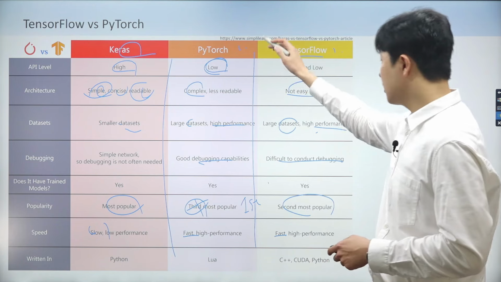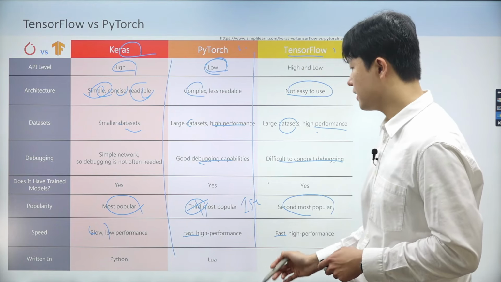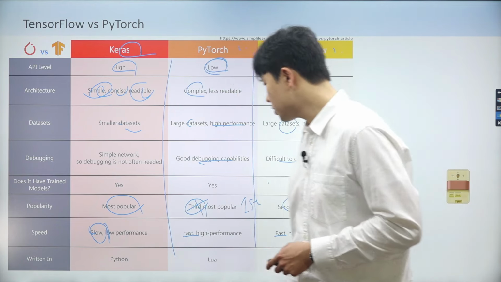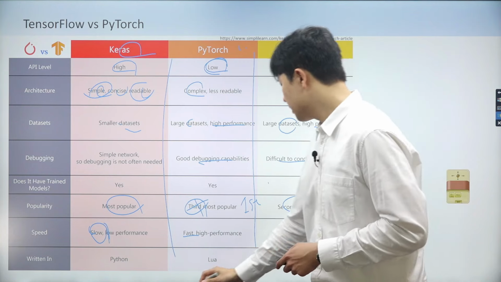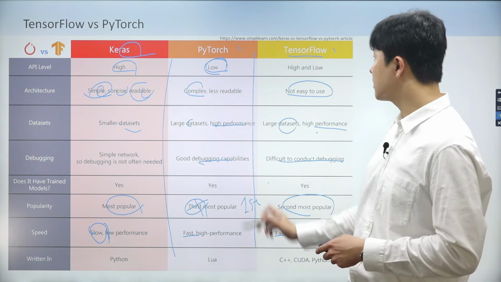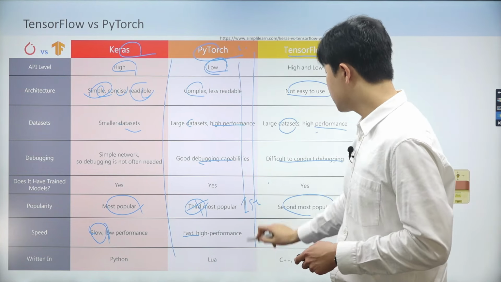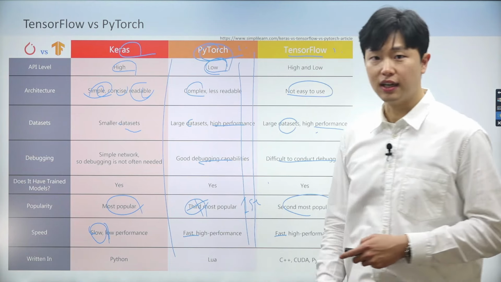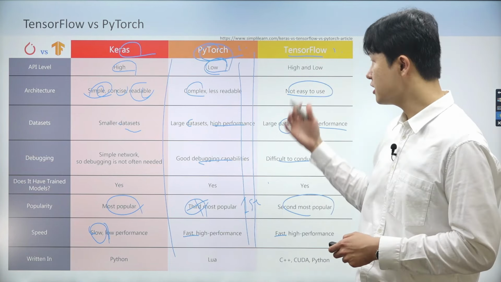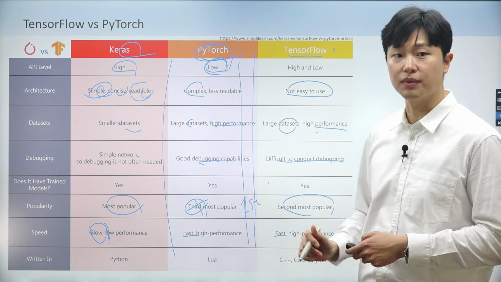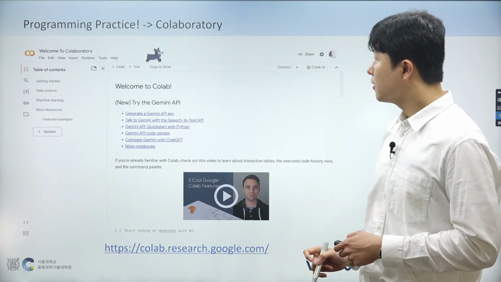In terms of speed, all three of these libraries are fast. But for Keras, since it operates on the highest layer, it is still the slowest of the three. So the characteristics shown in this table are from the past, and now PyTorch is the best overall one. So that is why we have decided to use PyTorch in our lectures.